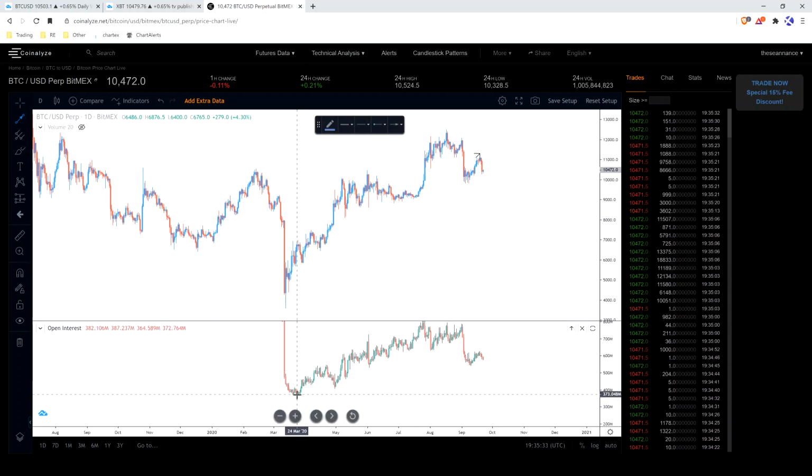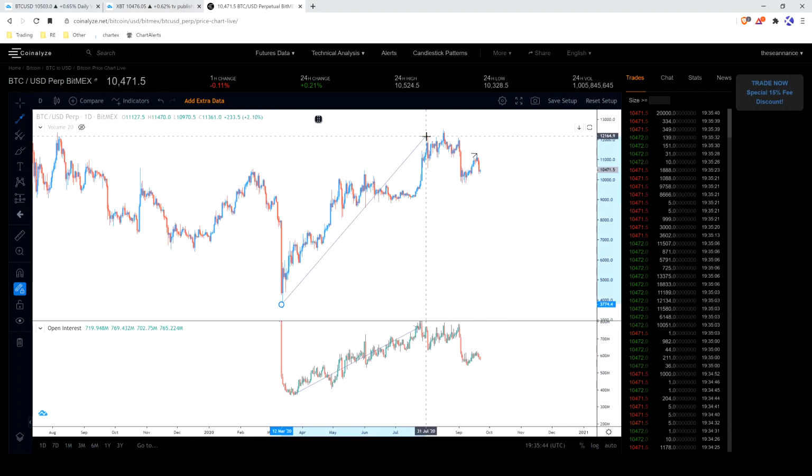You can see we had this uptrend in open interest during the uptrend on the chart. Open interest has since been falling.